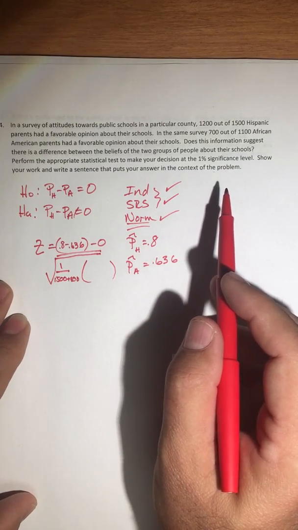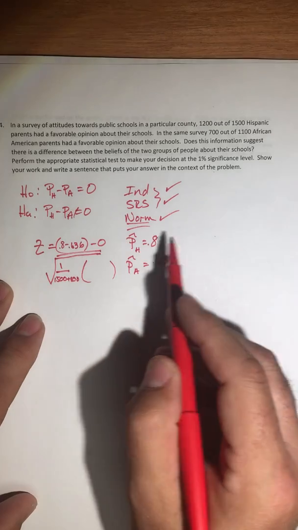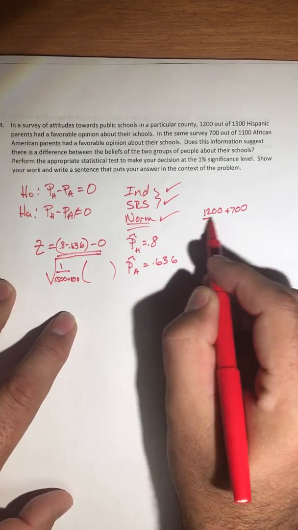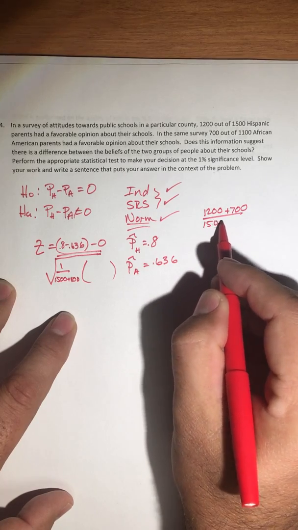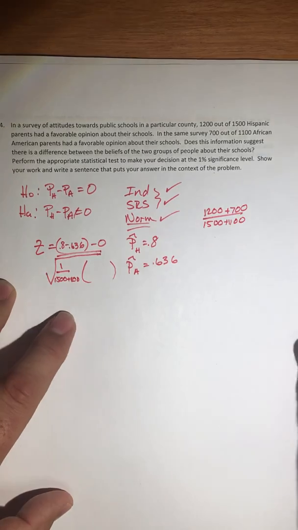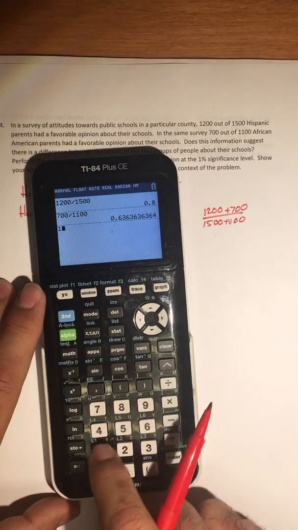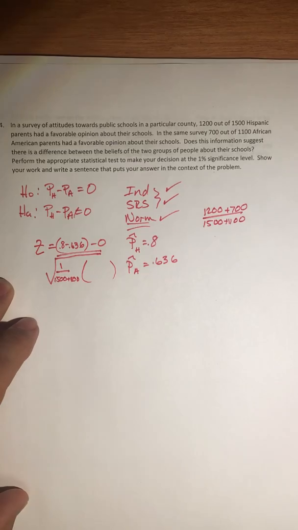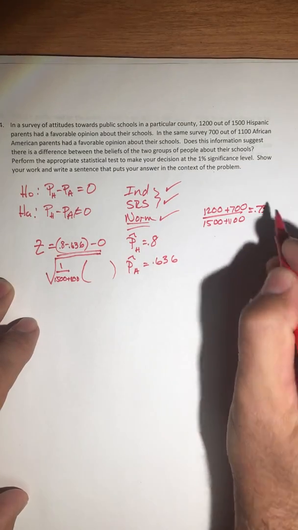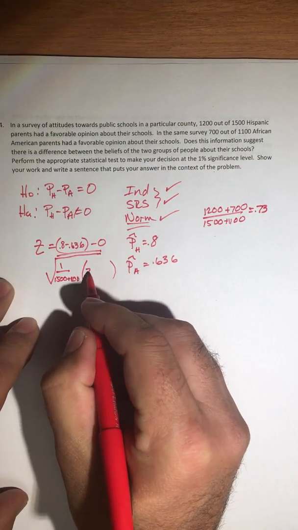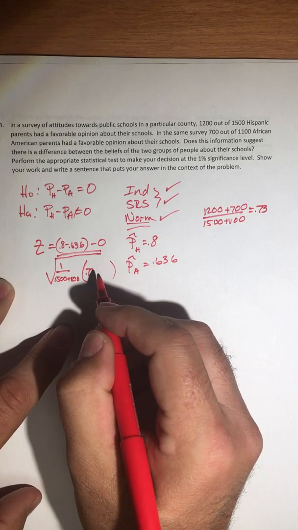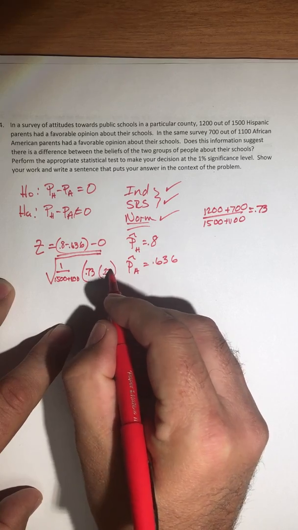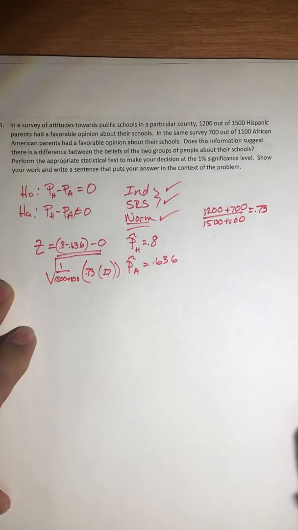And p combined is going to be, let's see, we have 1,200 plus 700 out of 1,500 plus 1,100. So that's 1,900 out of 2,600, which is 73%. So this will be 0.73, and this is the q combined, which is going to be 0.27. And so now I've got my formula.